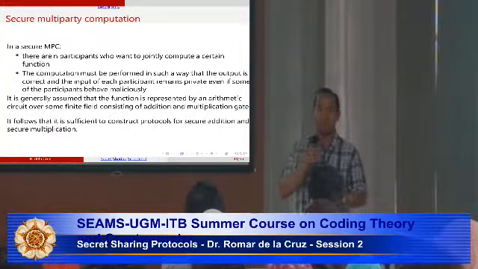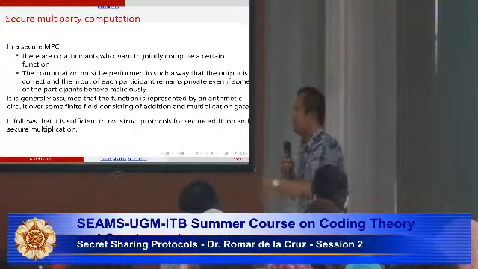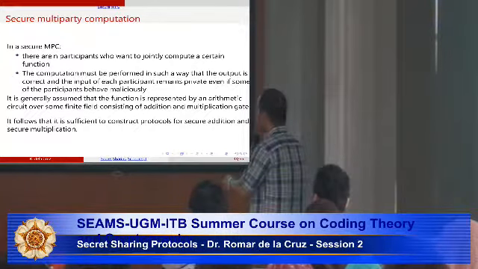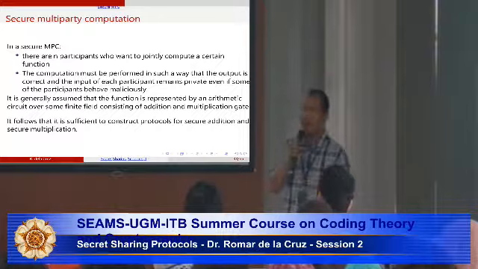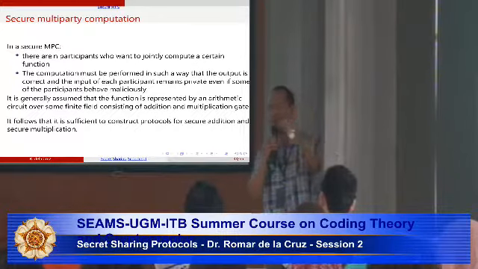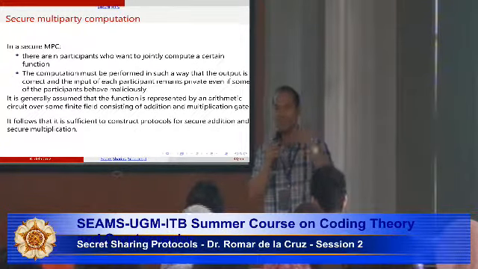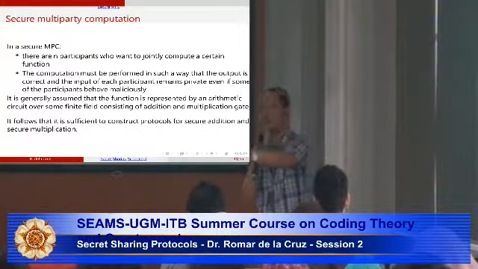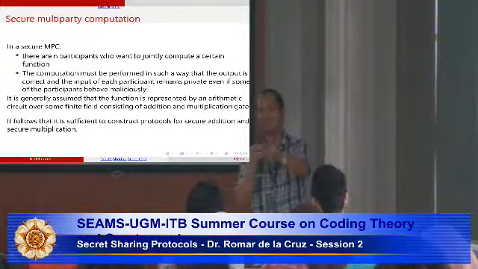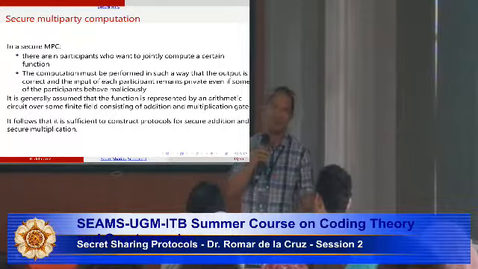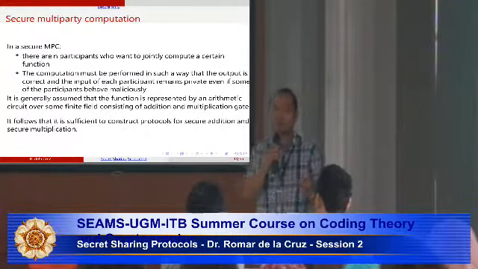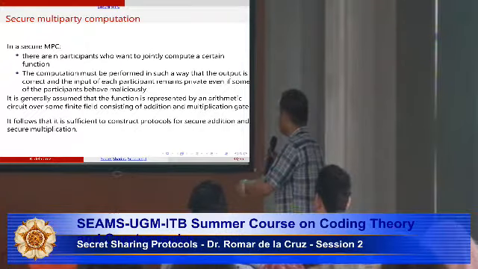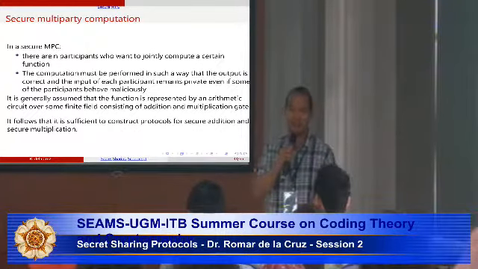That's what we mean by secure multi-party computation. Now, it's easy to implement this if you have a trusted third party. You just give the inputs to the third party, and the third party will compute the function. But the problem is, you don't have a trusted third party.